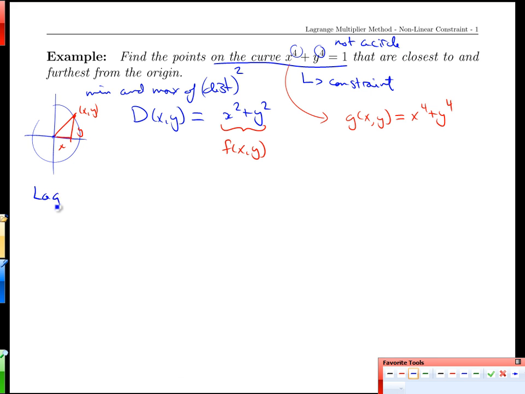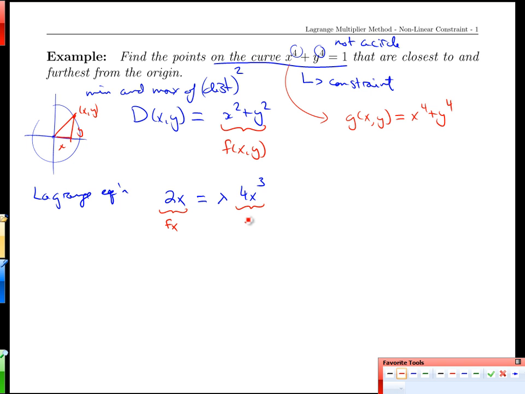So, next step. Set up our Lagrange equations, and we'll do this directly. Here's our f of x, y, the thing we're trying to optimize. We need its x derivative, and that should equal some unknown scalar lambda times the x derivative of g, so 4x cubed.